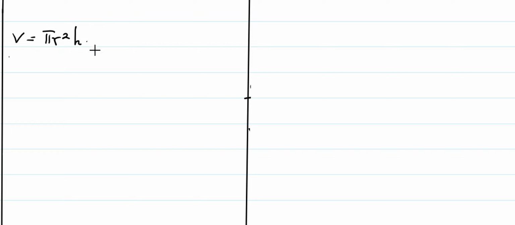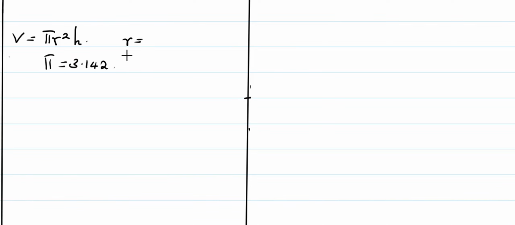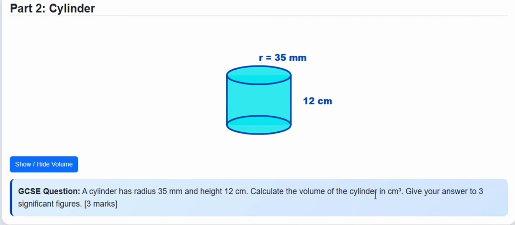So here we need to have the radius first, because pi is a constant. Pi already is, we can say, 3.142. Then the radius we are given here is 35 millimeters. And then the height we are given as 12 centimeters.